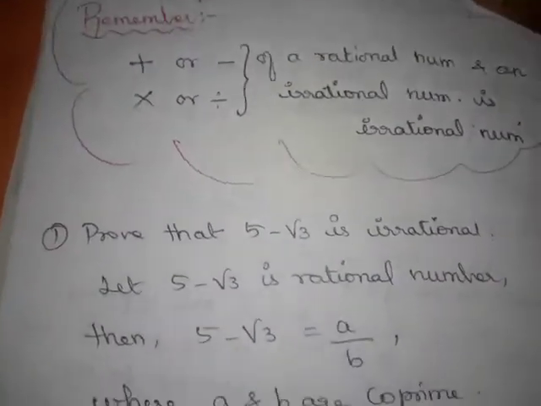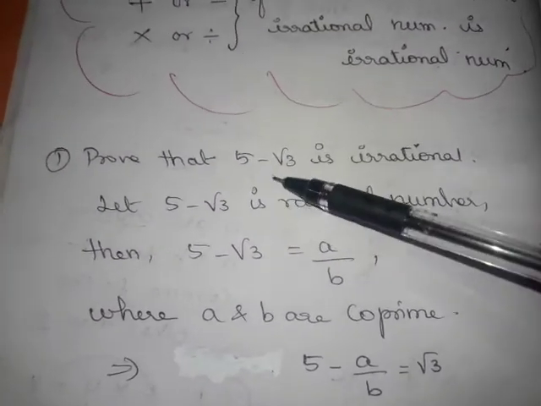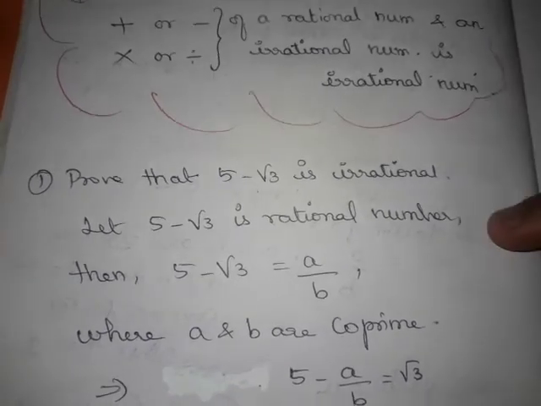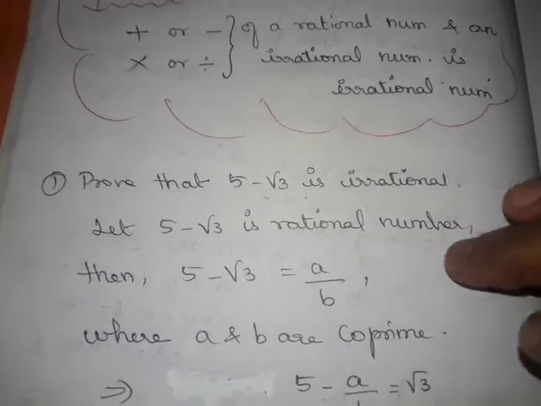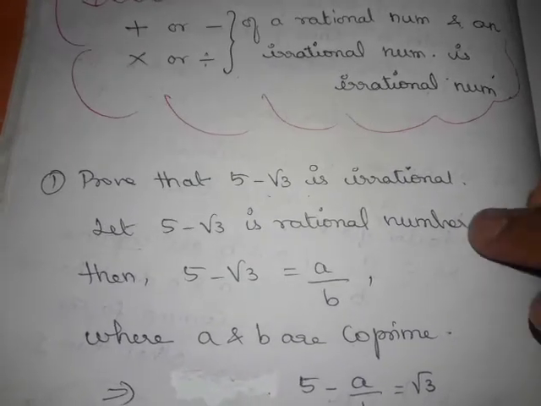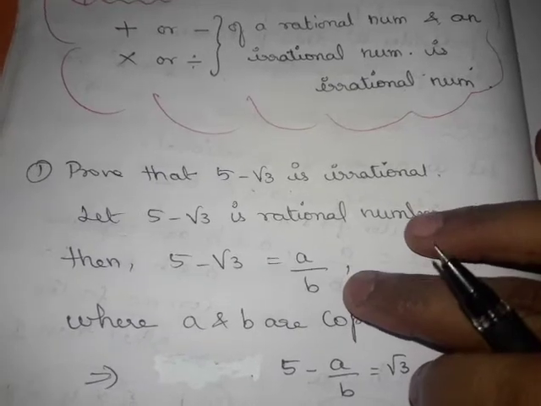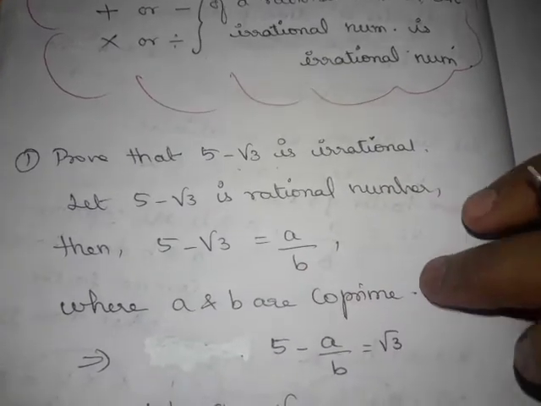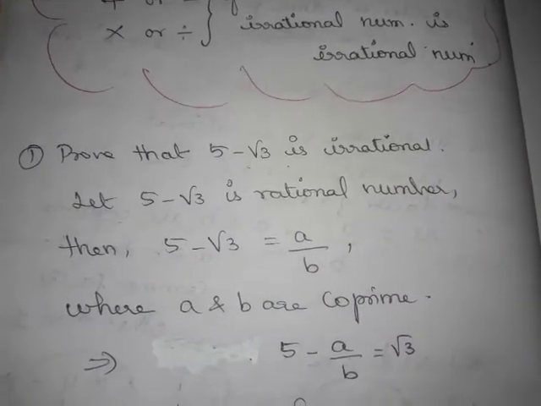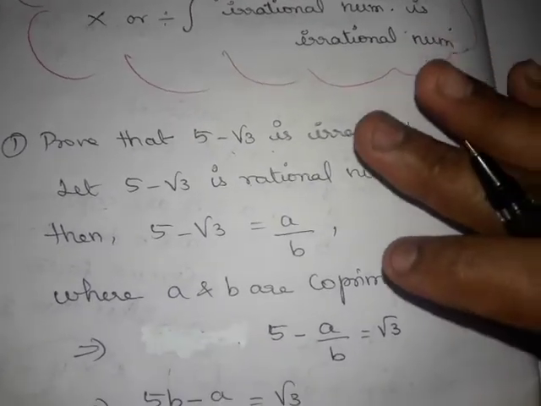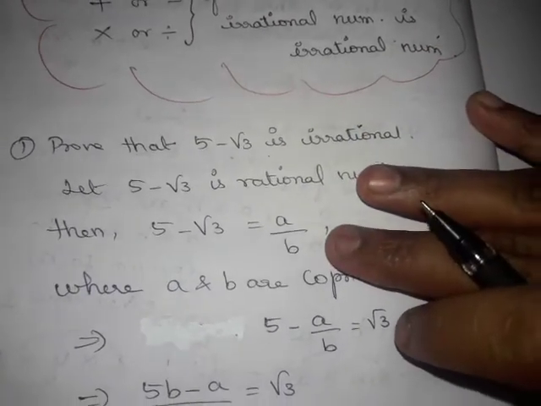Now let me show you how we can prove 5 minus root 3 is irrational. As usual, the same procedure. Let us consider 5 minus root 3 to be a rational number. If it is rational, it can be expressed as a by b or p by q, where a and b are co-prime numbers, which means we are assuming it is in the simplest form where a and b do not have a common factor other than 1, right?